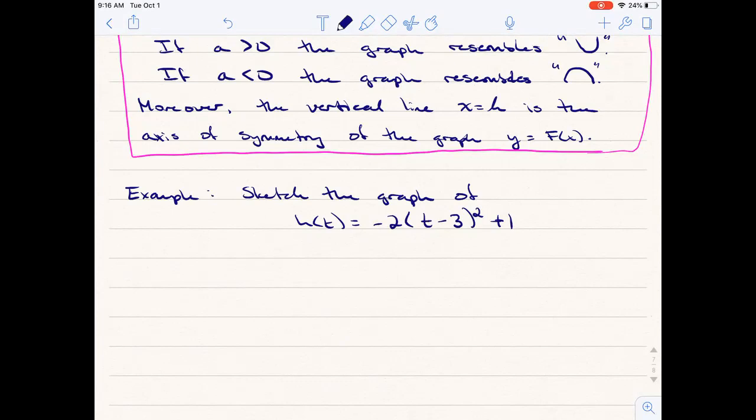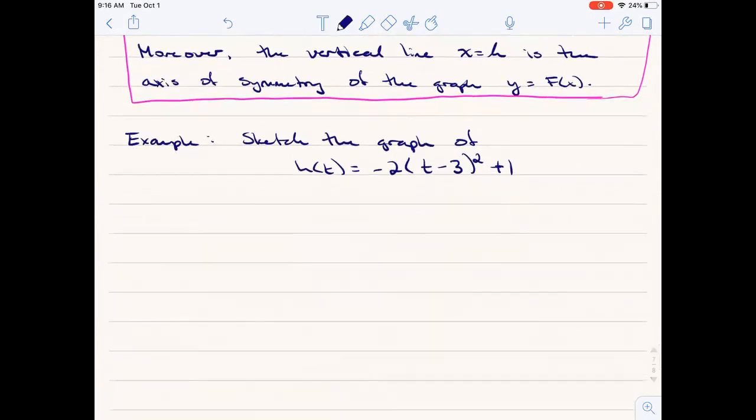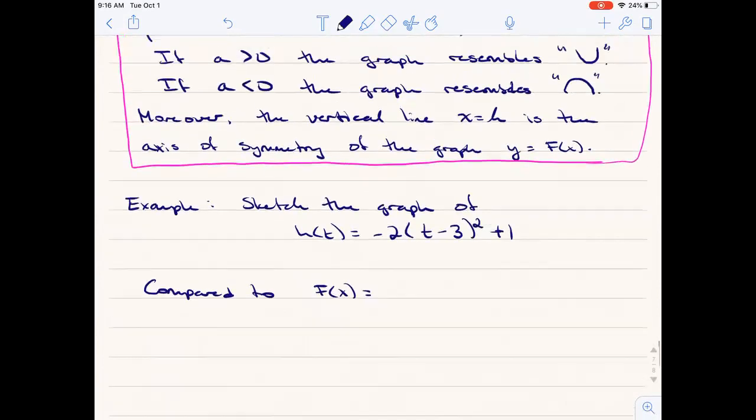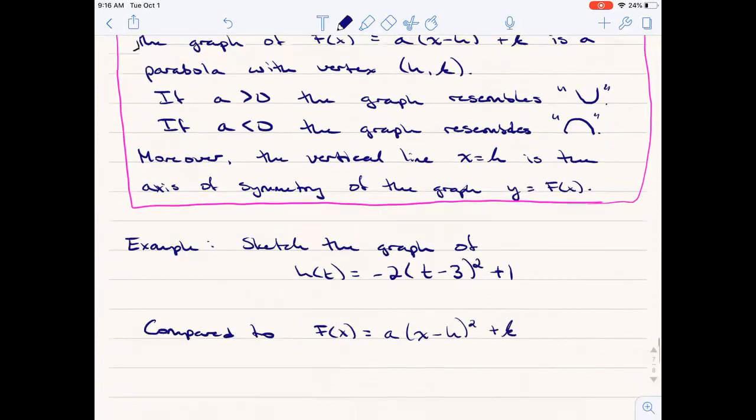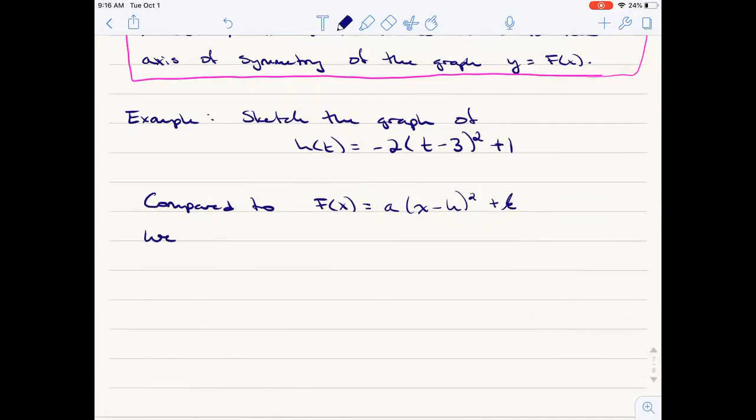And so if we're translating this here, compared to f of x was a times x minus h squared plus k, we know that a in this case is -2, h in this case is 3, and k in this case is 1.